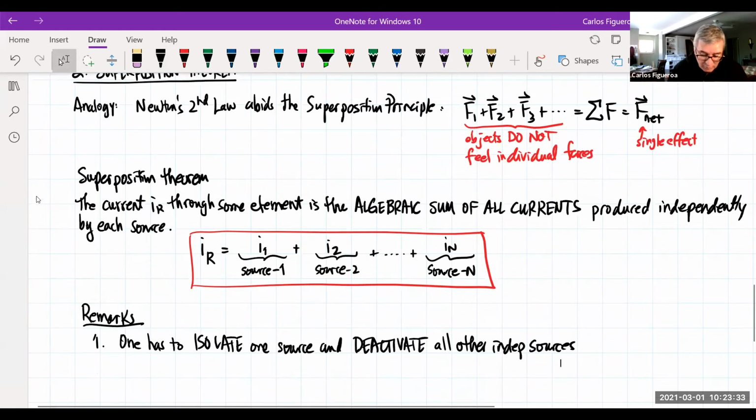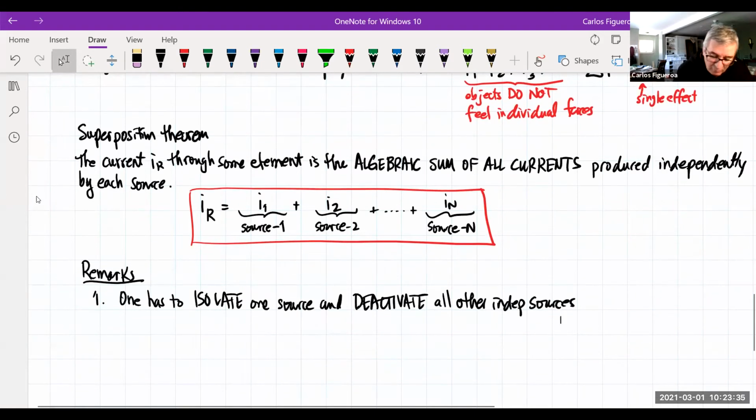So that means that if I want to focus on, let's say, source 1, I'm going to look at the current produced by source 1 only.